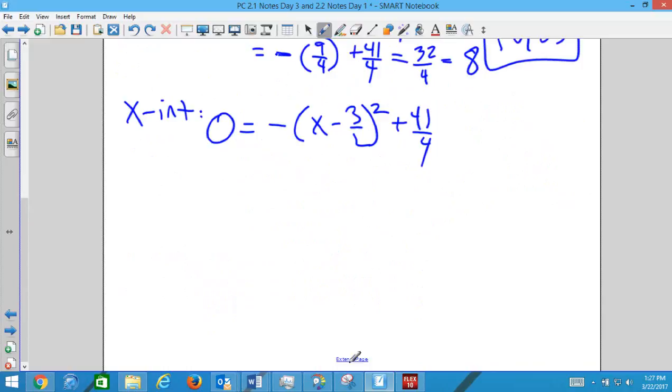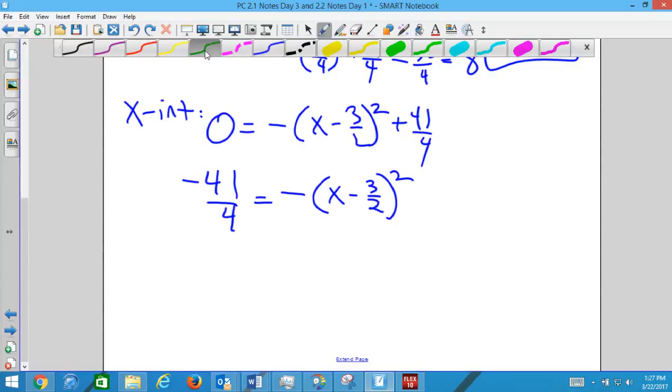We subtract the 41/4, so I get negative 41/4 equals negative x minus 3/2 squared. Right, we can multiply or divide both sides by -1. Either. Now what should I do?